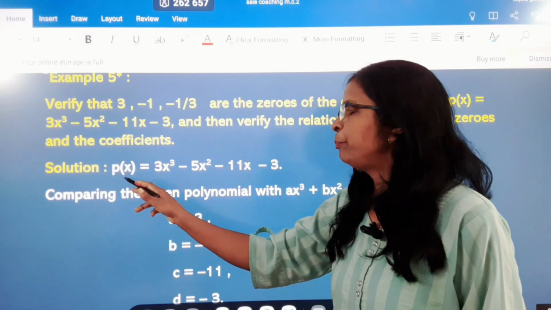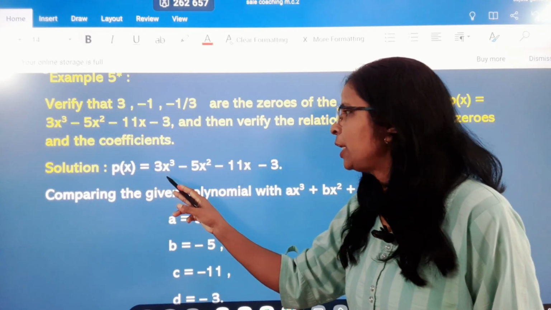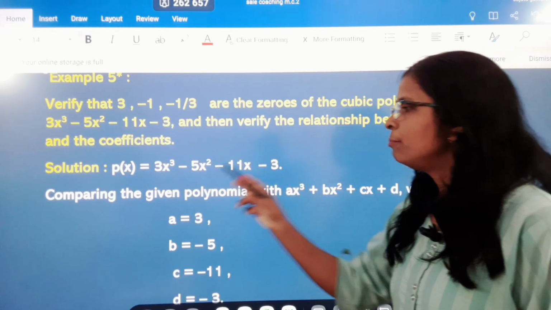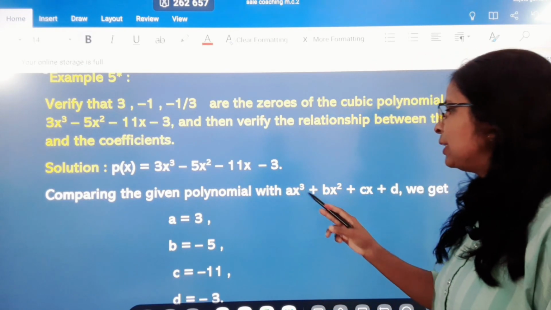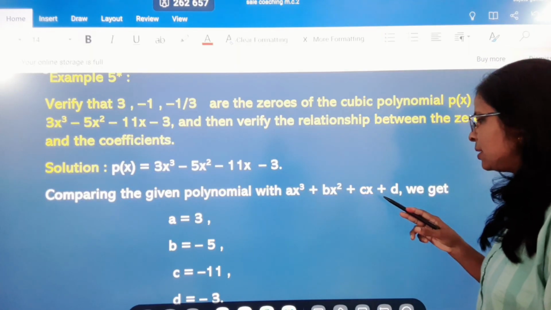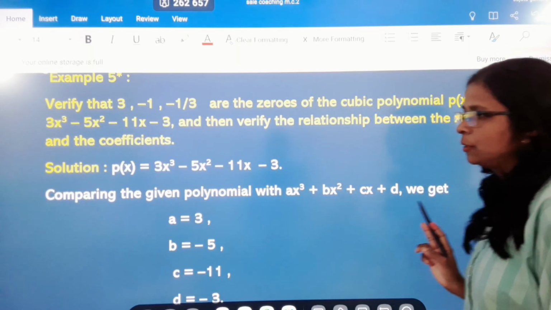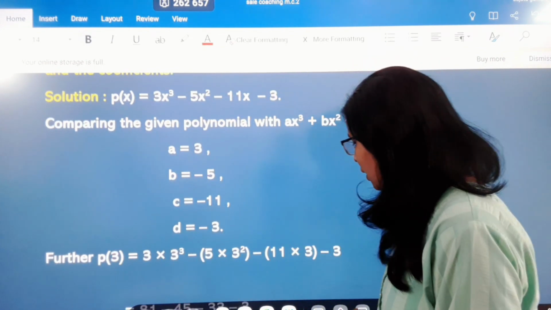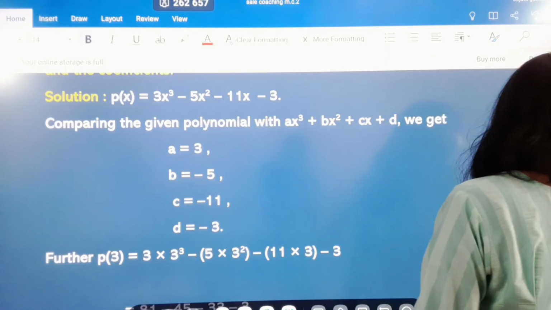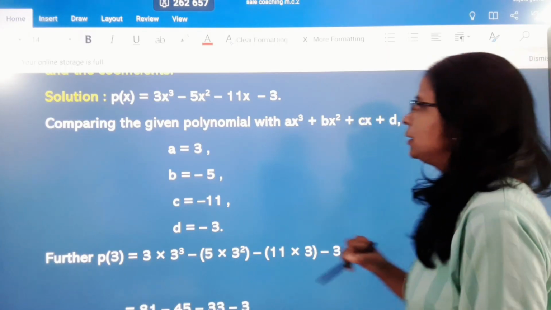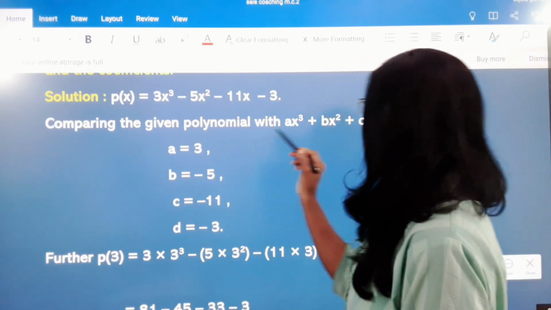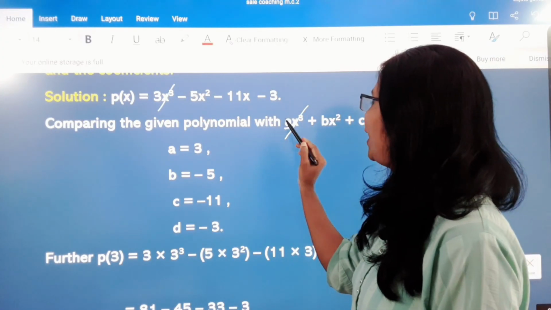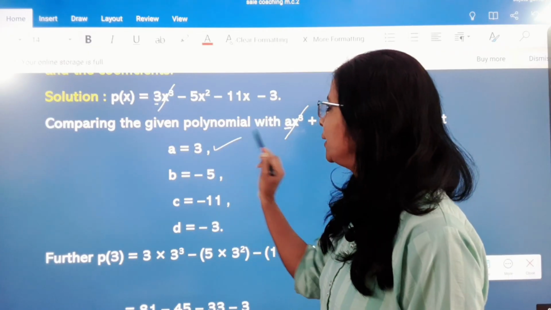First write down the polynomial p of x is equal to 3x cubed minus 5x square minus 11x minus 3. Now comparing the given polynomial with ax cubed plus bx square plus cx plus d, we get a is equal to 3 here. See here students, x cube cancels out, so the value of a is 3.